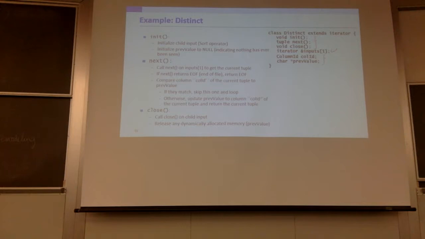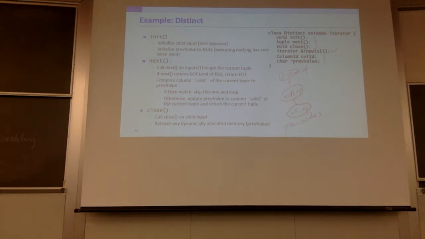You will have a bunch of plan nodes. Something could be called like a heap scan operator, then you have a sort operator, then you have a distinct operator. And these are basically the plan nodes.